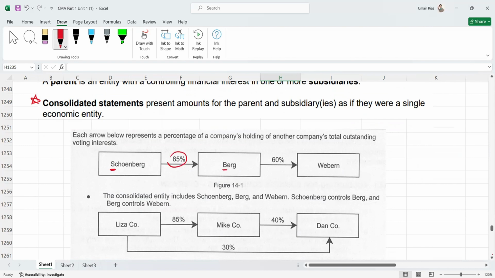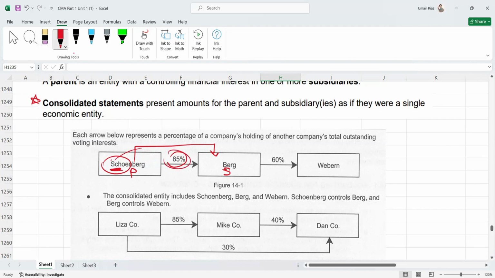It means S company has a direct interest in B company, because S has acquired 85% of the outstanding voting rights of B company. So S company is the parent company and B company is the subsidiary of S. S has direct control in B, with 85% of voting rights.